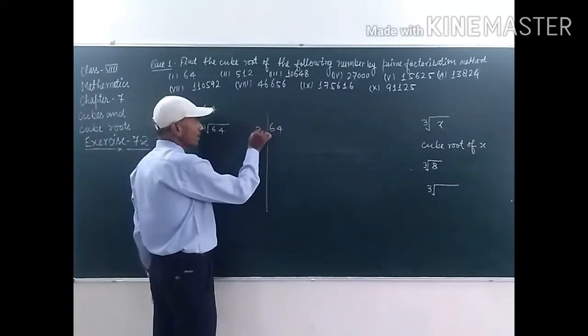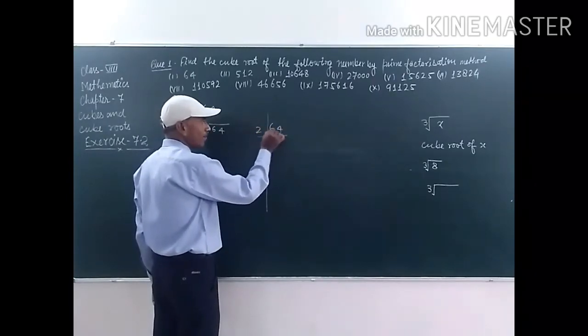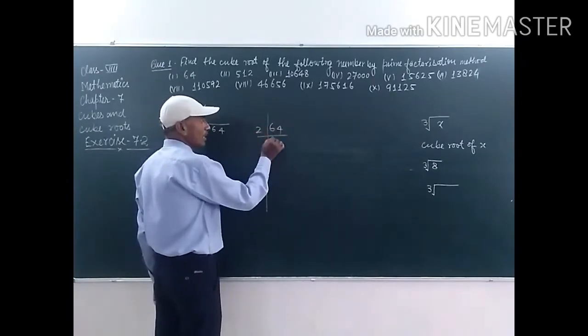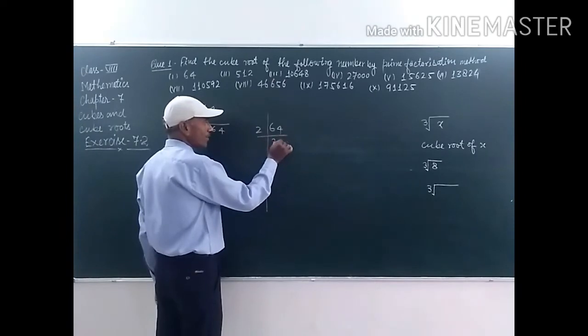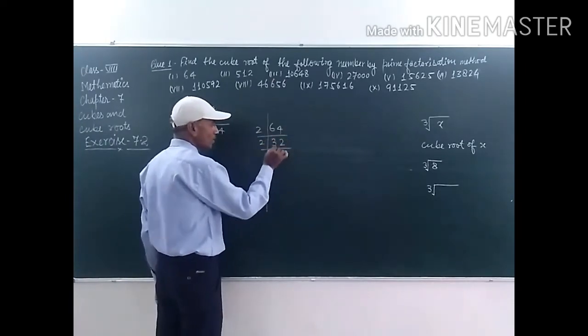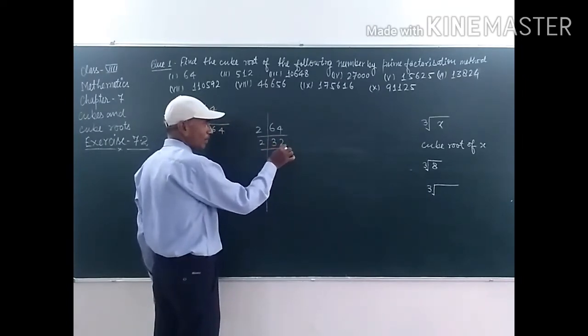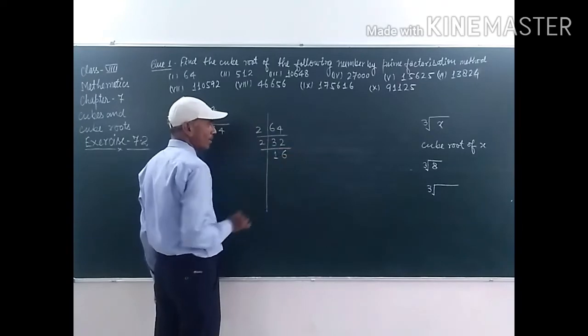So first of all, we have to find the prime factors of 64. Now 64 is divisible by 2. So by dividing it by 2, it will be 32. Again by 2, it is 16.